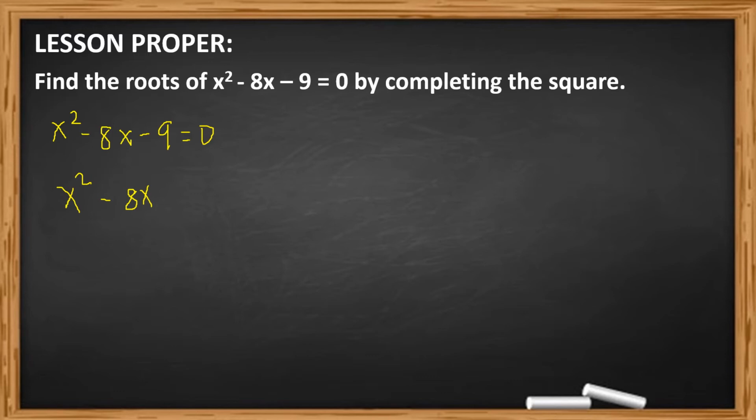So syempre, kung ihiwalay ninyo si constant term na negative 9, ang maiwan lang sa left side ng equation ay ito, x squared minus 8x, at yung iiwanan na posisyon ni negative 9 ay isang blank. Yan, dapat ganyan palagi. Aalis si constant term, pupunta siya sa kabila, so magiging positive 9 na siya.